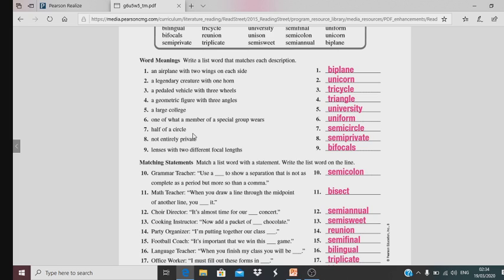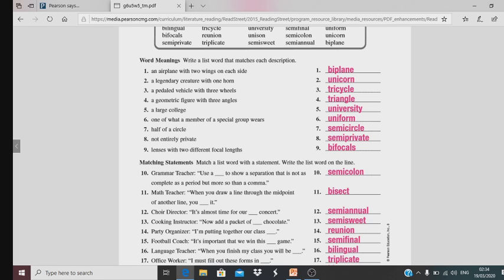Half of a circle, anything that contains half, so it means semi. So semicircle. Not entirely private, okay, so this is semi-private. Lenses with two different focal lengths, so we call it what? It's a kind of eyeglasses, especially for reading, or medical glasses, we call it bifocals.